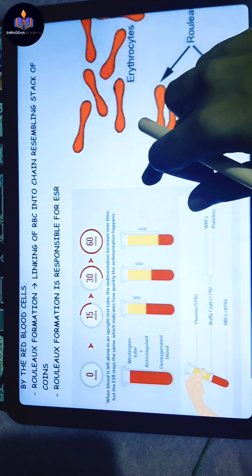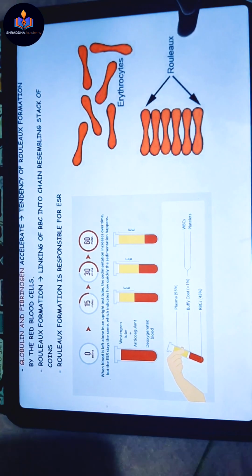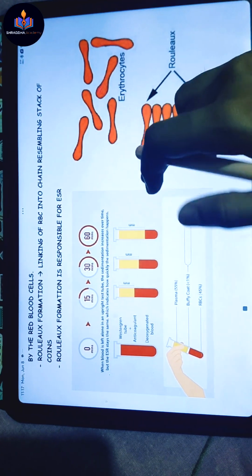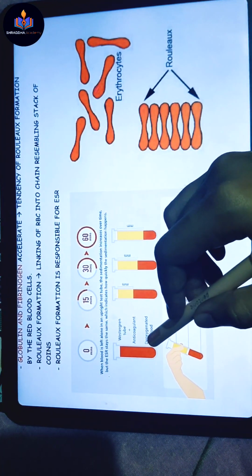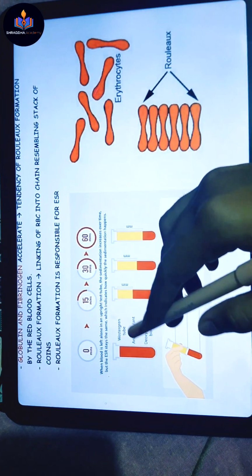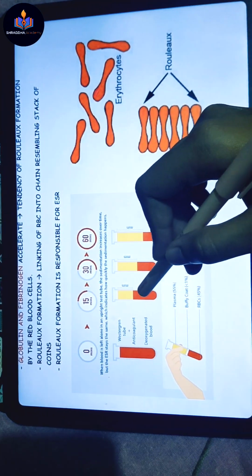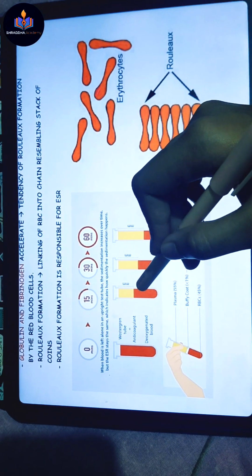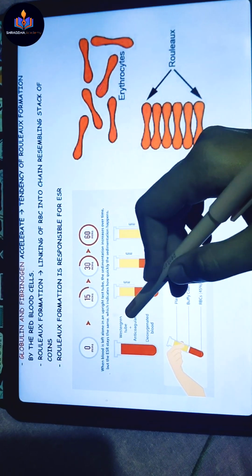This is also very important. Here you can see the erythrocytes, in which rouleaux will form like this. Then if you take blood of 3 ml, at the start you will see nothing. After 15 minutes you will see the blood separated from the anticoagulant in the tube, okay.